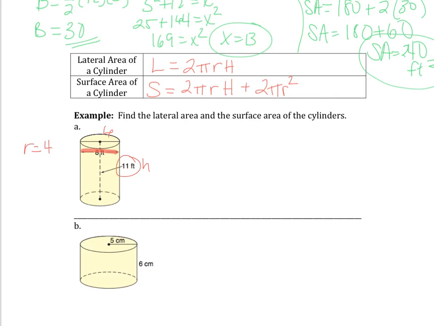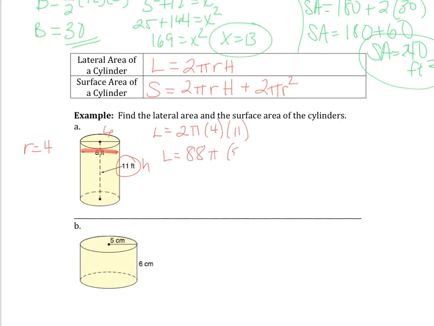And remember, we can use the exact and the approximate because I've got pi in here. So lateral area is going to be 2 times pi times that radius I just found times the height, which we see there. So lateral area equals, I'm going to multiply all those numbers together, so 2 times 4 times 11. That's going to be 88 pi.